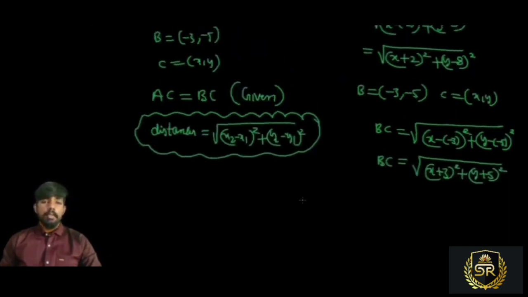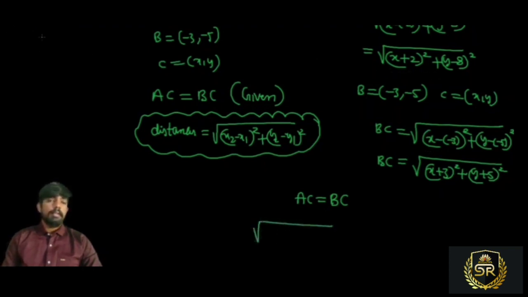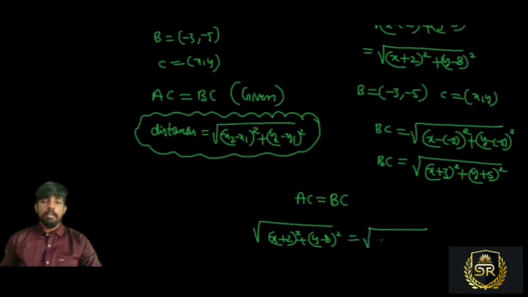Now the given condition is what? AC is equal to BC, right? AC is this distance. AC distance, root over (x plus 2) whole square plus (y minus 8) whole square, is equal to root over (x plus 3) whole square plus (y plus 5) whole square.